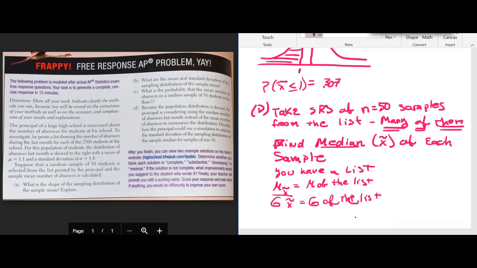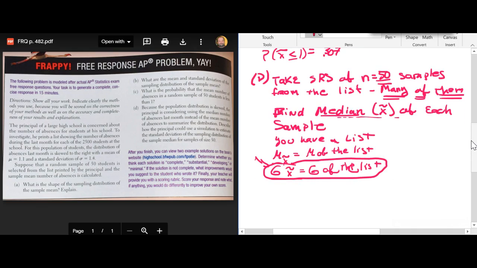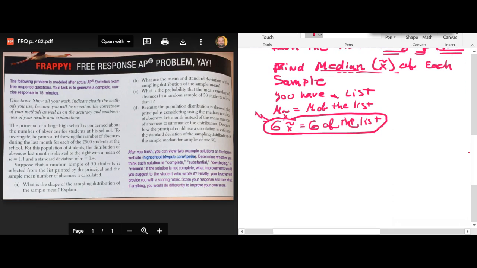So now you have a sampling distribution, kind of, for the median. At least you know what the mean of the sampling distribution for the median is, and what its standard deviation is. So that's all the question asks: how would you find the standard deviation? You could just take a bunch of samples of size 50, find the median of each of those samples, and then take the list and find the standard deviation for that list.